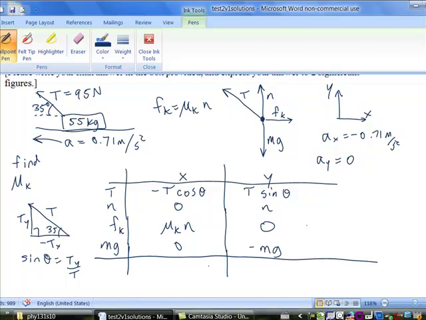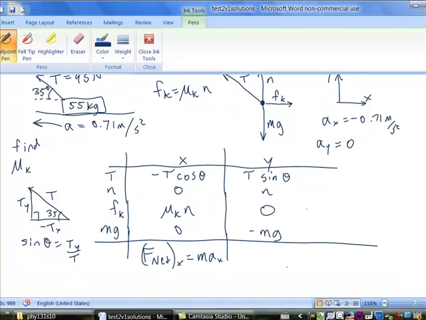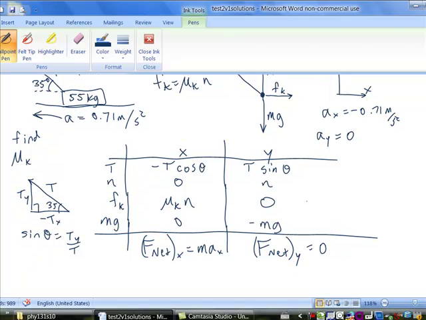Now we're going to add them up. And we're going to say that F net in the x direction is going to be equal to m times a sub x. And F net in the y direction, we have vertical equilibrium. a sub y is 0, so F net sub y is 0.